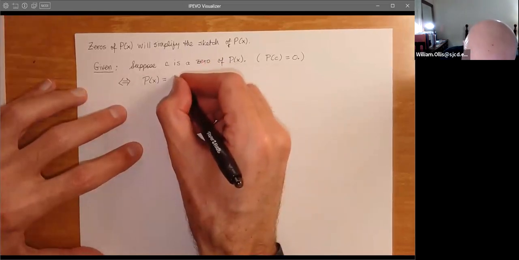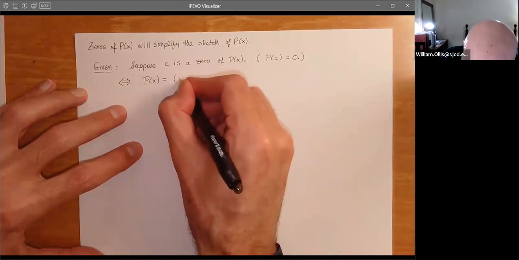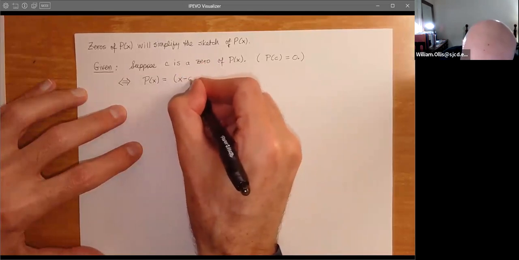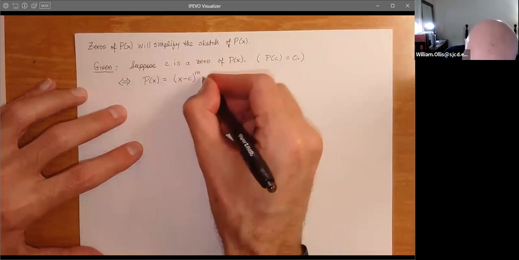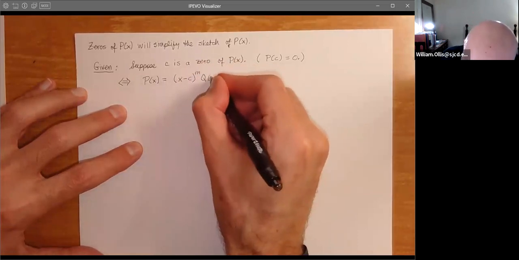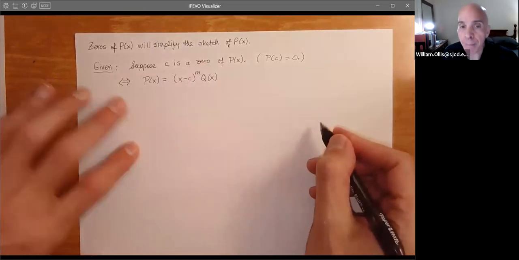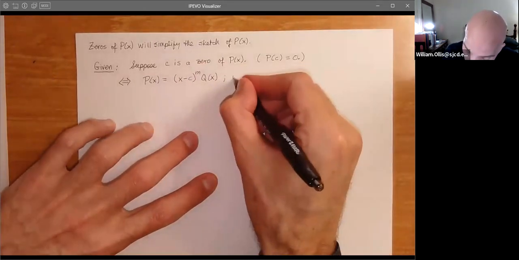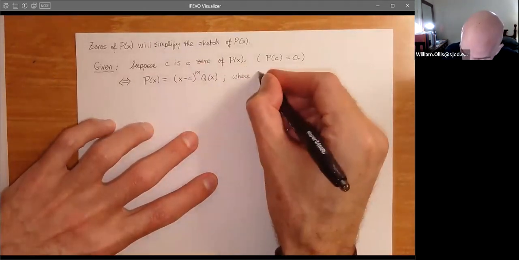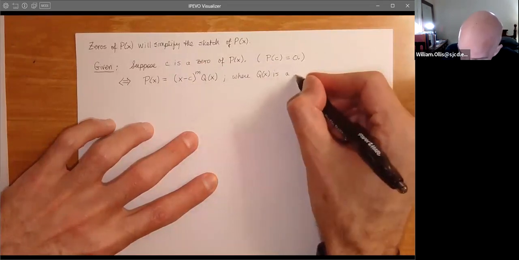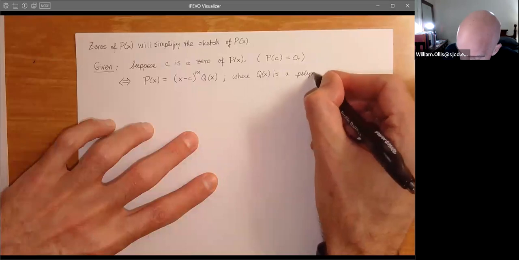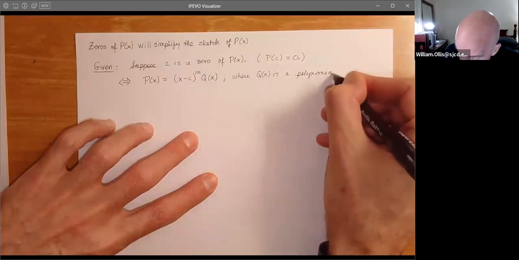This means that we're going to have some factor of x minus c to some power, say m, times some other polynomial q of x, where q of x is a polynomial. In this case, we'll just say real polynomial.